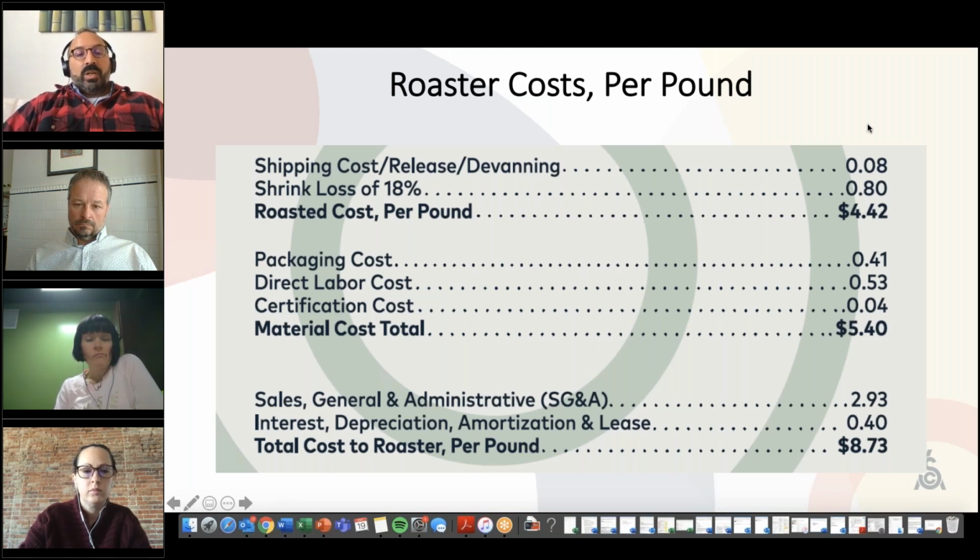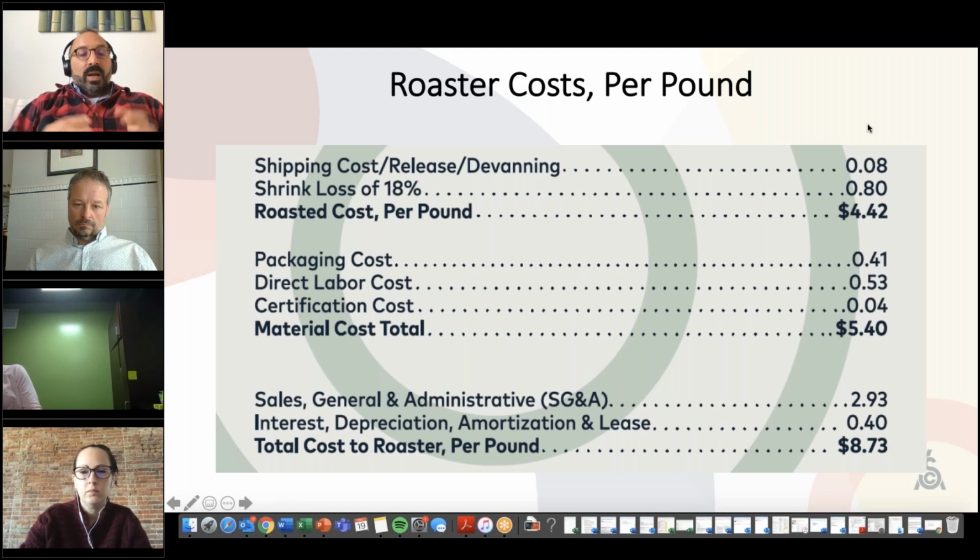And as Tim just mentioned, oftentimes the roaster is very involved with the importer in terms of taking responsibility at certain points, negotiating certain elements, sometimes determining what the FOB green price is going to be, sometimes not, depending.